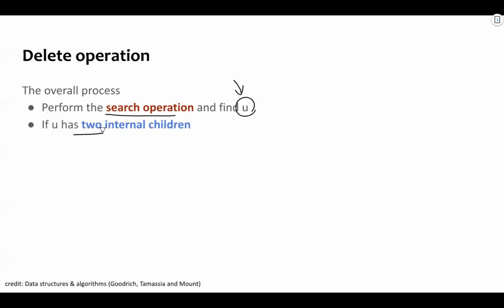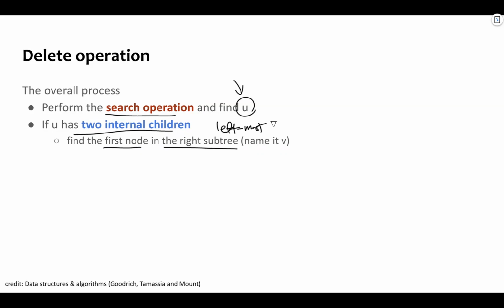And if U has 2 internal children, then find the first node in the right subtree. So it is going to be the leftmost node in the right subtree, and let's name it V. And we're going to replace the value of U with that of V. So we exchange U and V, and then delete U. So U goes to the bottom before it gets deleted.